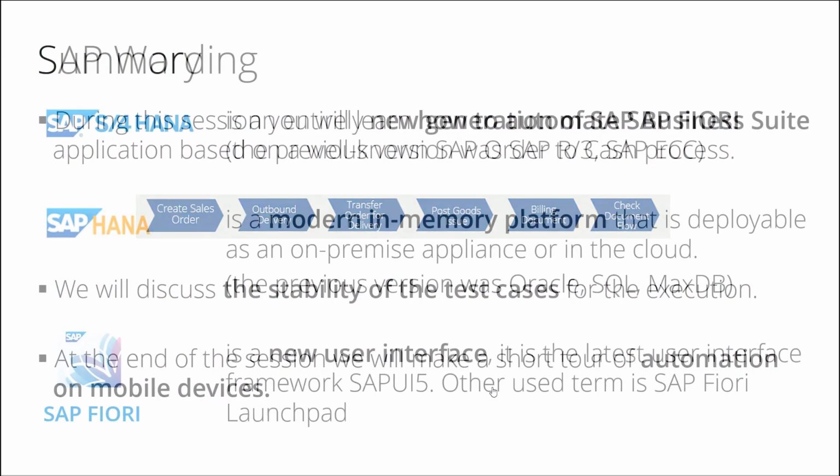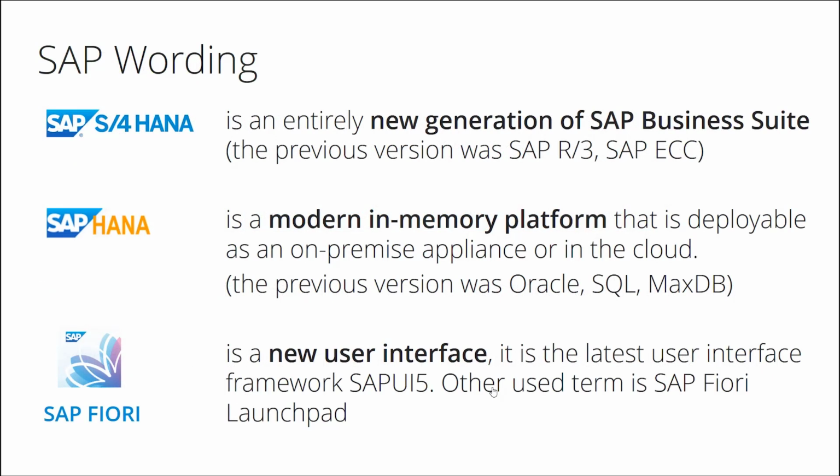Before we do this, I just want to consolidate our wording for today's session, and so I use this wording slide deck very often. It's a new term. A lot of people still are not sure how to use it. S/4HANA is a business suite. SAP HANA is like a database in the background, and SAP Fiori is a new user interface.